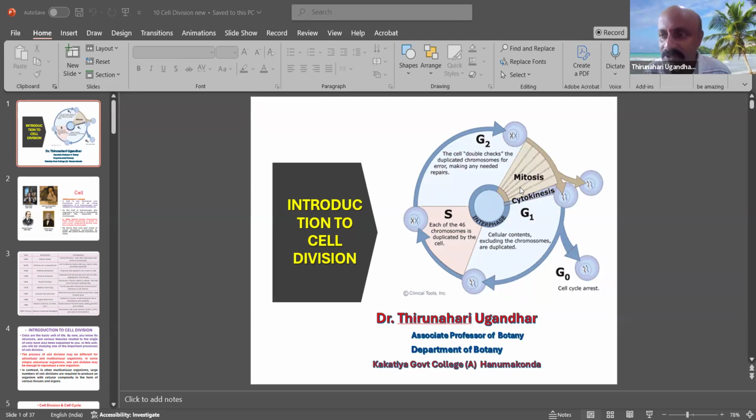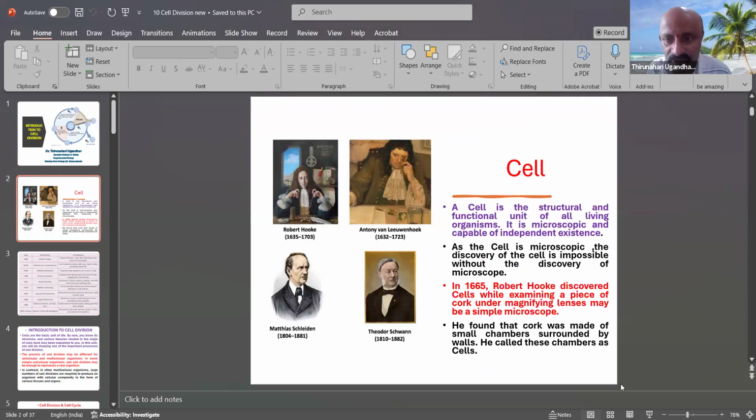The life cycle formation starts with meiotic division, and the continuation is mitotic. Both are responsible for the growth and development of a living organism and the formation of the life cycle.